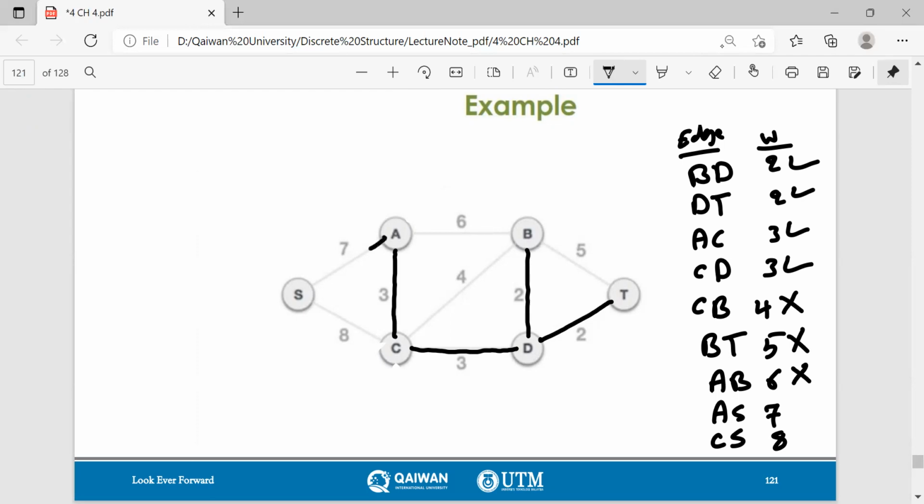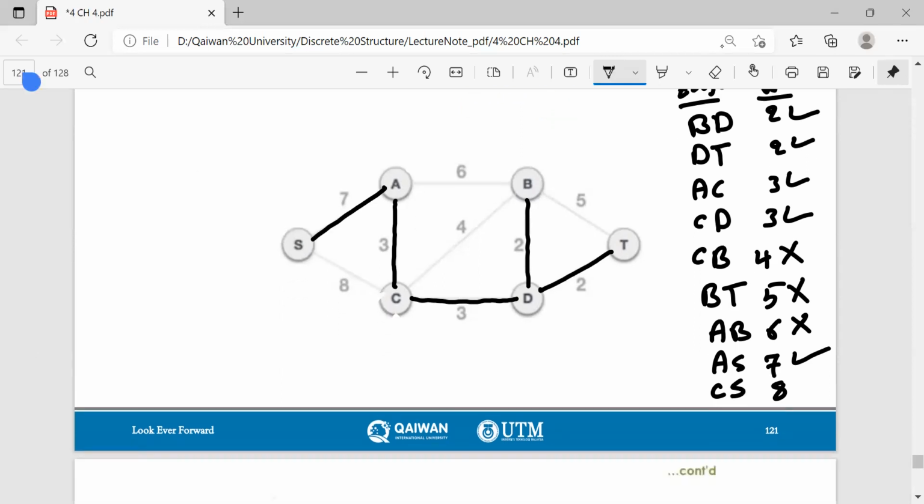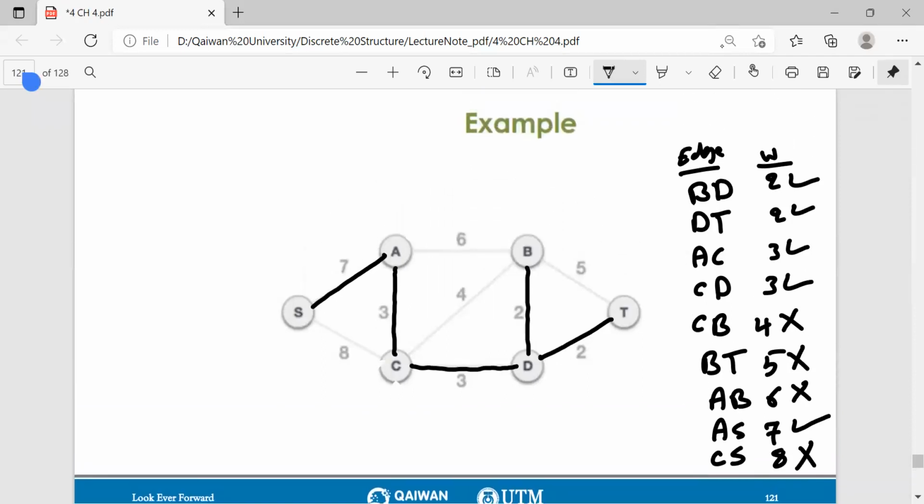AS, yes, we can do it. CS, no, we cannot, because it gives us a closed cycle. That's all. So this is the minimum spanning tree.